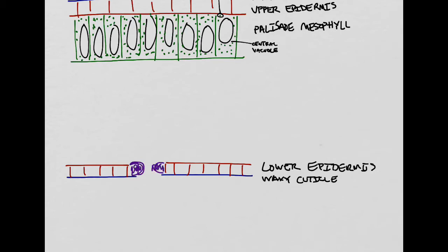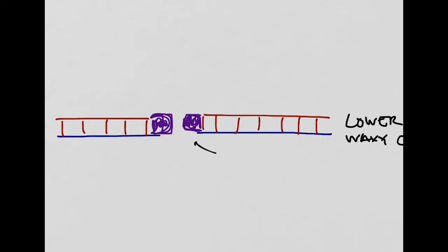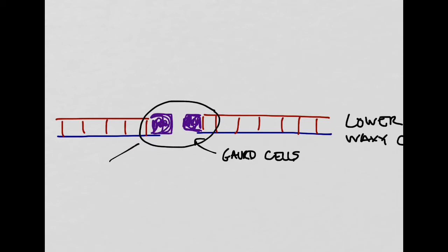There are two of them, one on either side, and they can grow and close the gap between them, preventing things from entering and exiting the cell. And they can also shrink and open and allow things to enter and exit the cell. These cells are called guard cells. It makes sense because they're guarding the entry point to the leaf. And this entire structure of the guard cells is called the stomate, plural stomata. So if you have multiple stomates, you'd call them stomata.